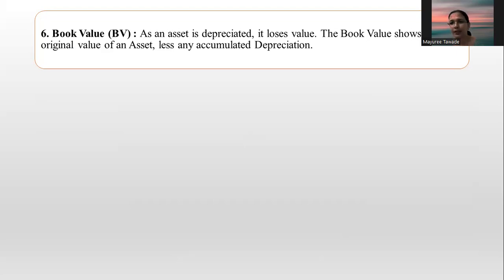Depreciation has two types: one is the straight line method and the other is the written down value method. In the straight line method, for example, the value of my building is 10 lakhs today when I have purchased it. That is set as my book value. If I am charging 10% depreciation on that 10 lakhs, the value comes down by 1 lakh, since 10% of 10 lakh is 1 lakh.